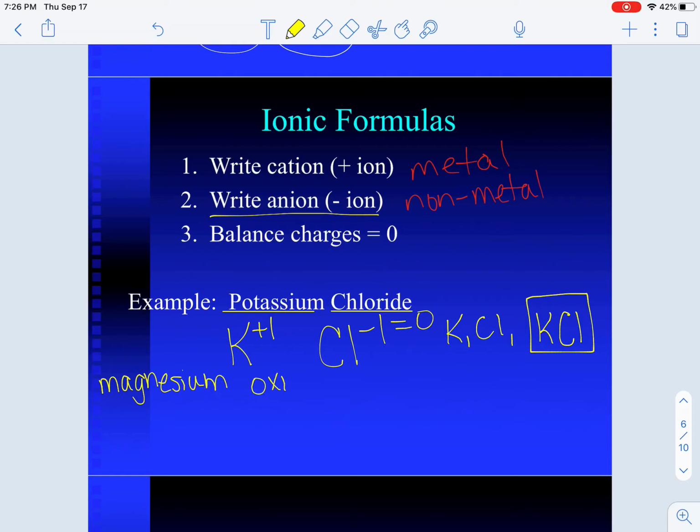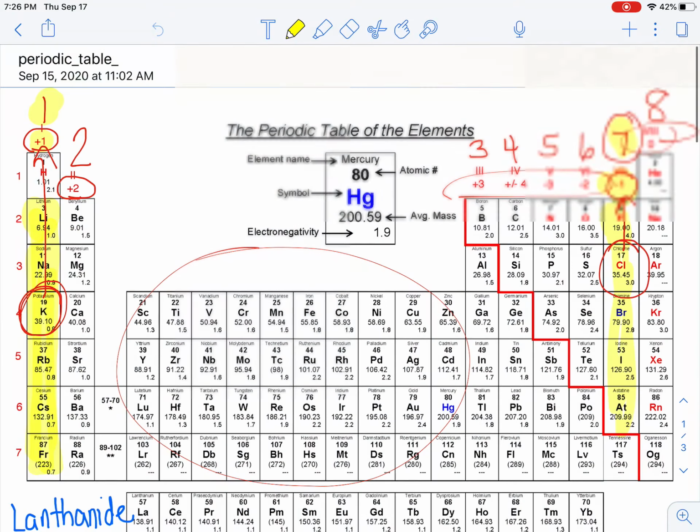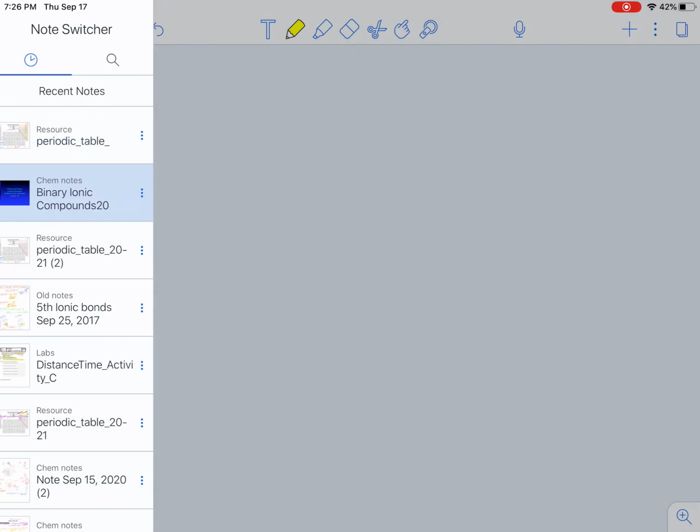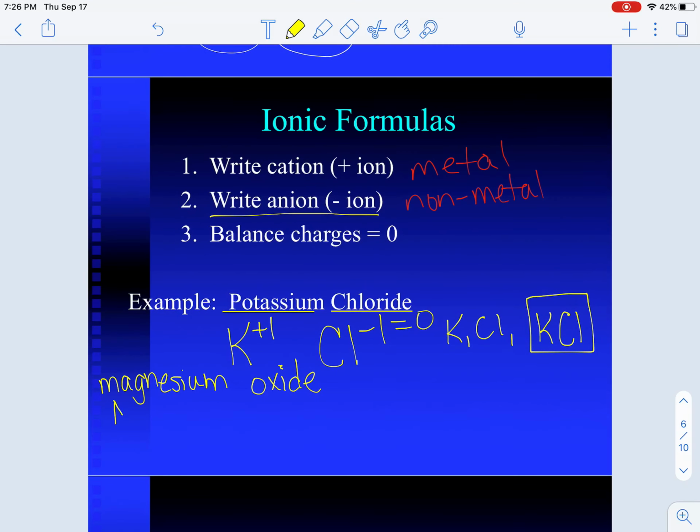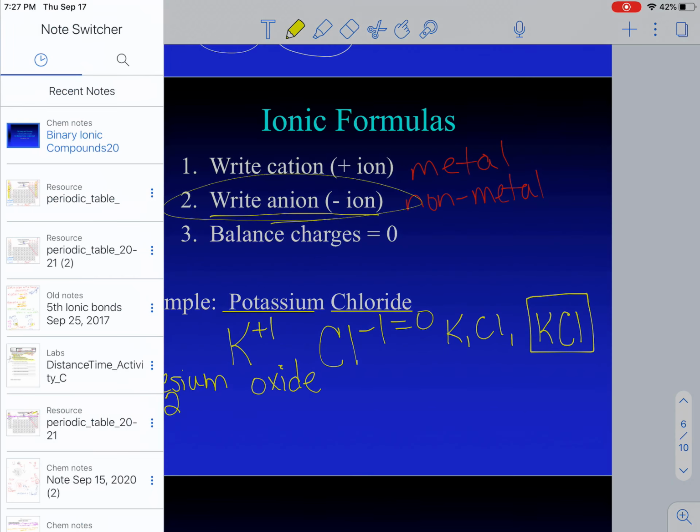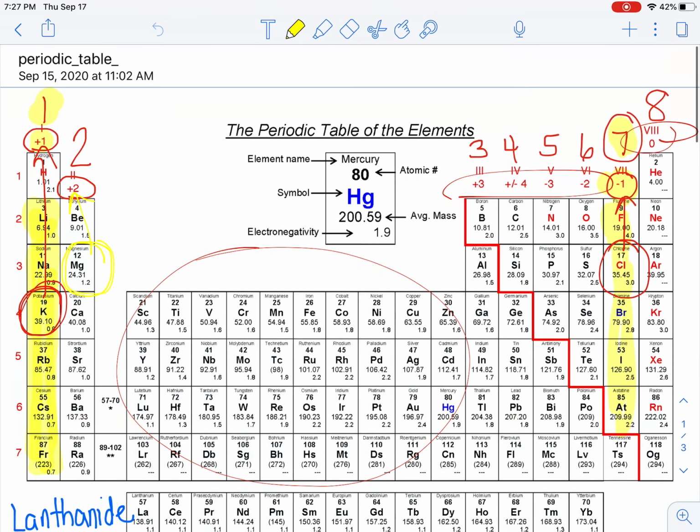Now, let's look at a more complicated one. Let's look at magnesium oxide. If we find magnesium on the periodic table, it's element number 12, and we see above there it has a +2 charge. So right below magnesium, I'm going to write Mg +2. Second step is to write the anion or the nonmetal with its negative charge. So oxide is oxygen.